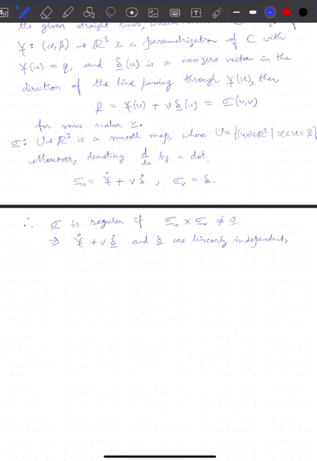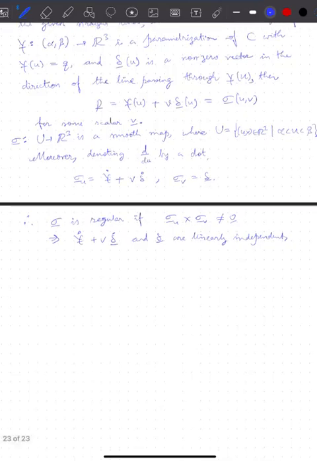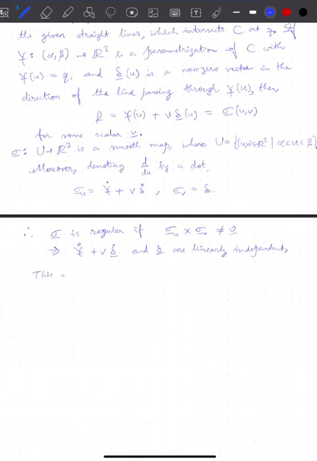This will be true if gamma vector and delta are linearly independent and v is sufficiently small. In that case, it will be.